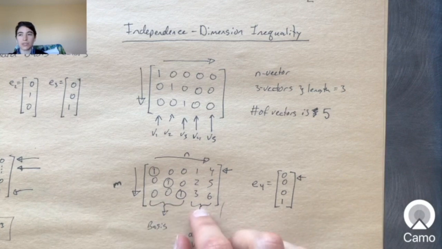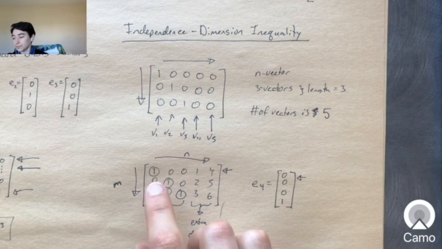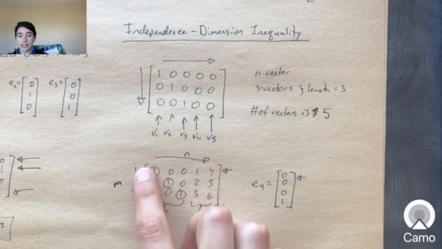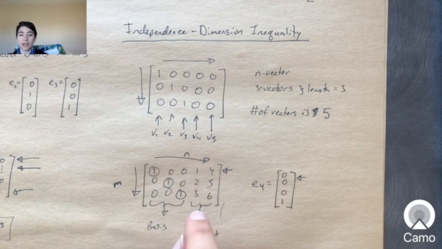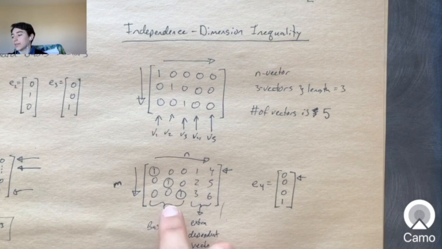We wouldn't be able to build that 4th dimension and have another independent vector. And so because of that, these vectors must be dependent. And so this whole set has to be dependent, because if any single vector in a set of vectors is dependent, then the whole set is dependent.